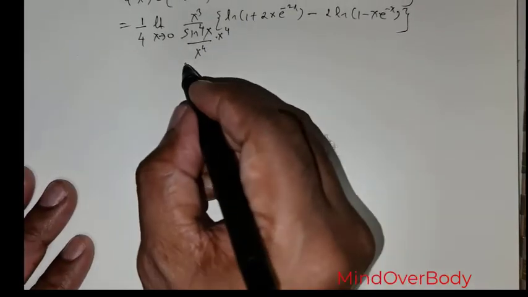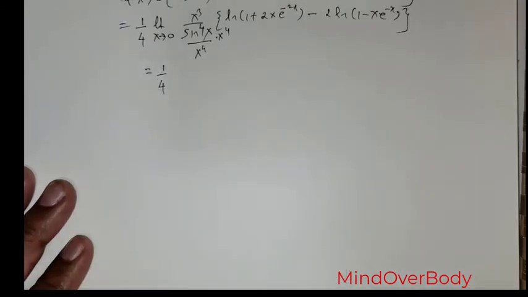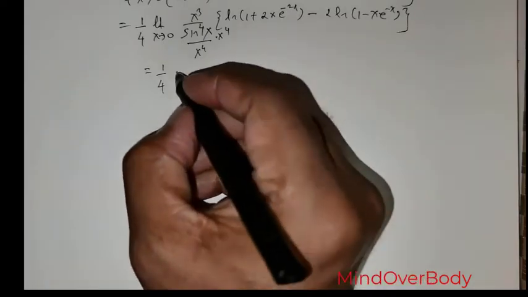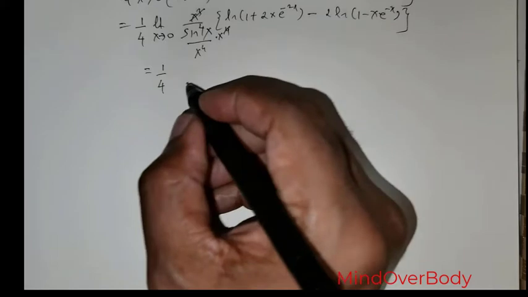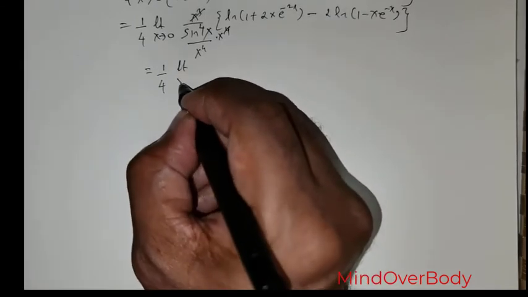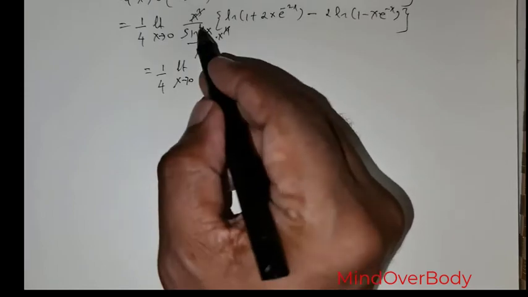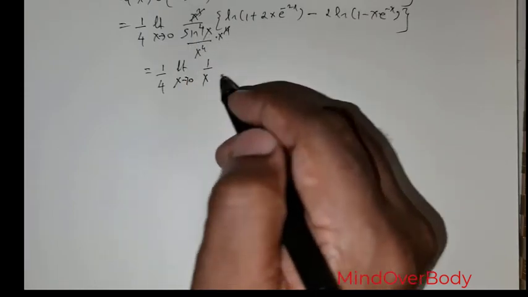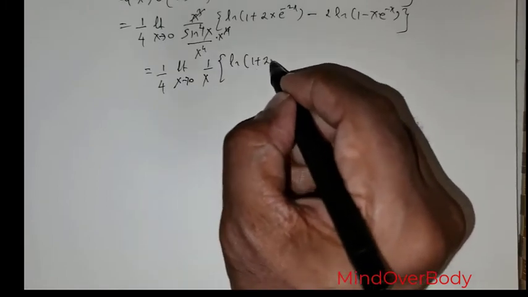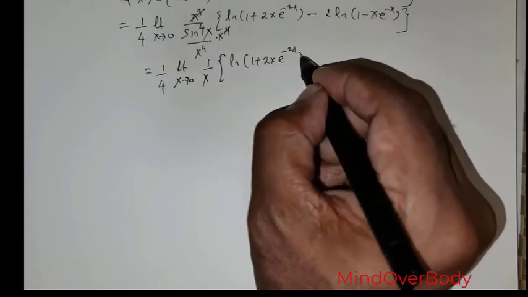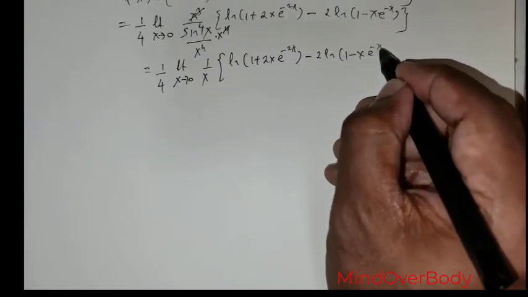If I do that, this is going to give me 1 over 4 times, and clearly x⁴ can be cancelled here. So that gives me the limit as x tends to 0 of, there is going to be a 1 over x. Of course, as I mentioned, this would lead me to 1. Now I've got ln of (1 + 2x)e^(−2x) minus 2 times ln of (1 − x)e^(−x).